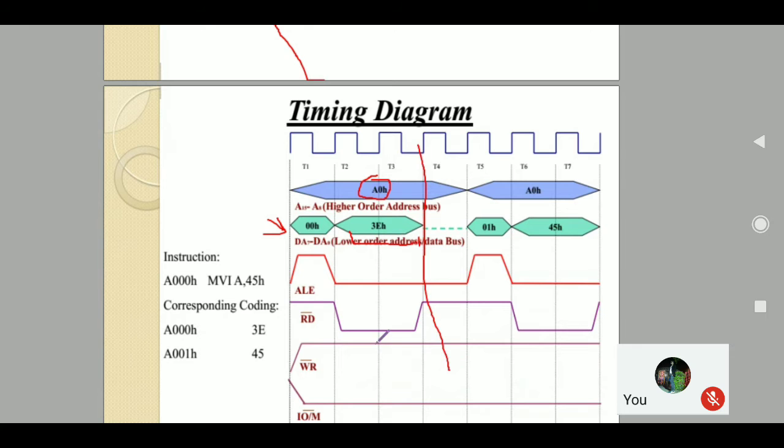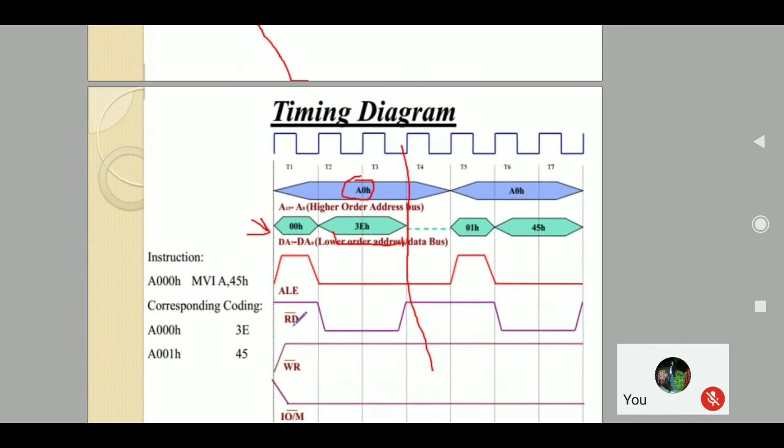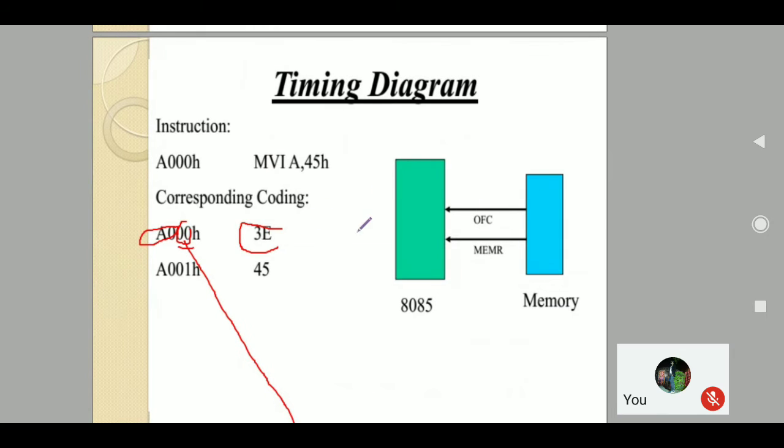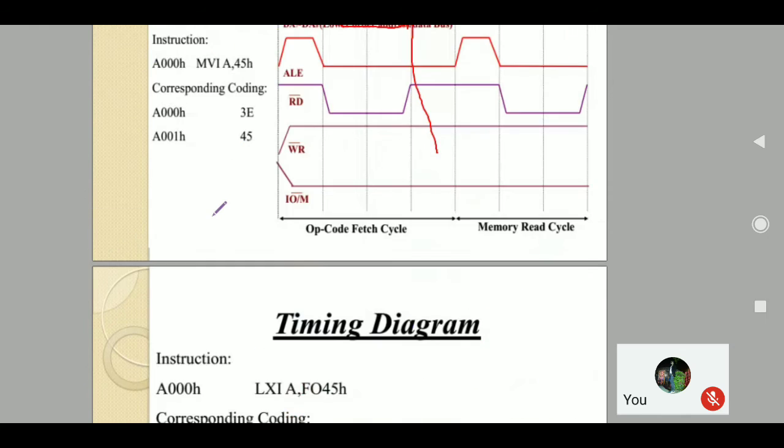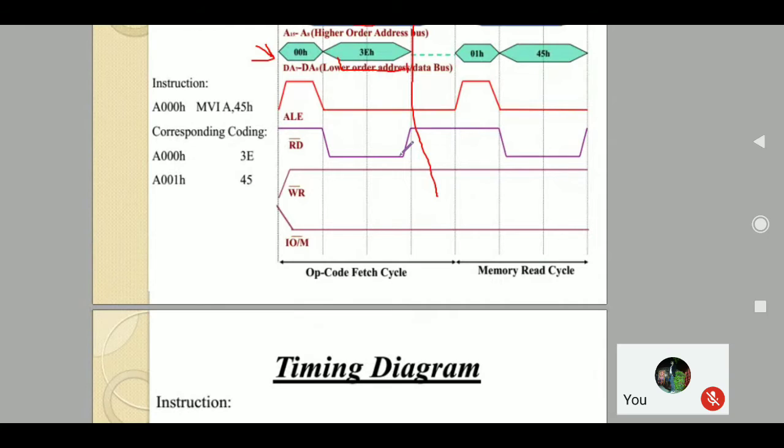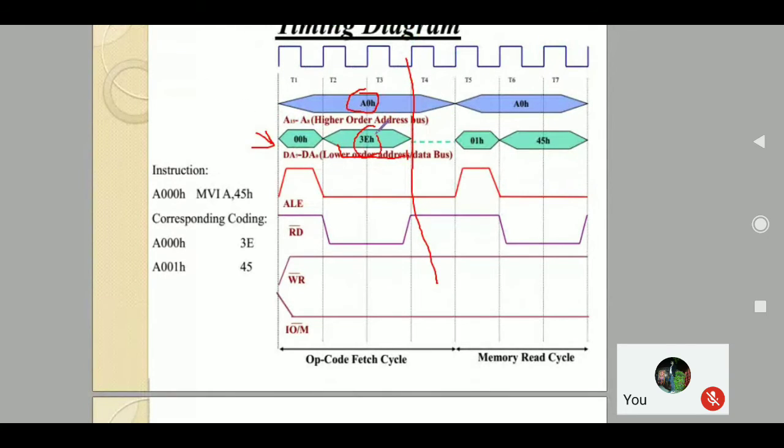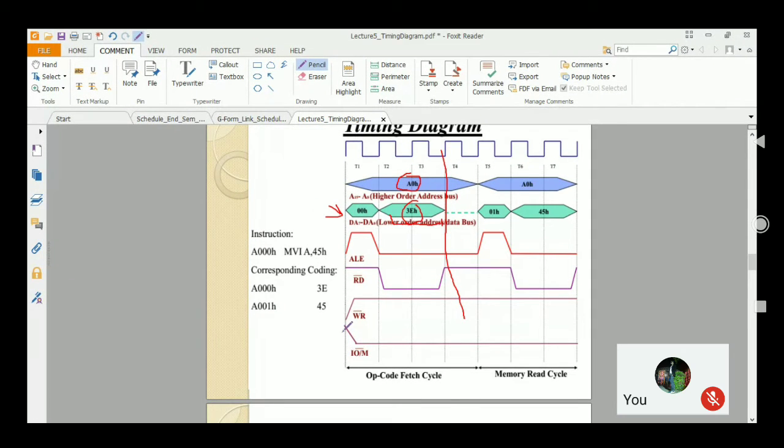For this one, from the read cycle, it is already reading from the memory. That's why it is low here. First it was high. When this opcode is fetched, it is low here. And it is not a write operation, so it is always high. And it is loading in the memory, so it is high.